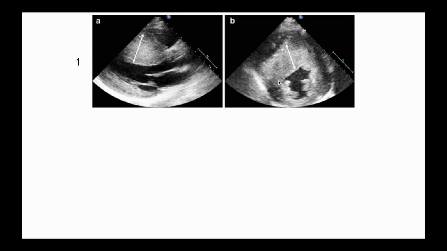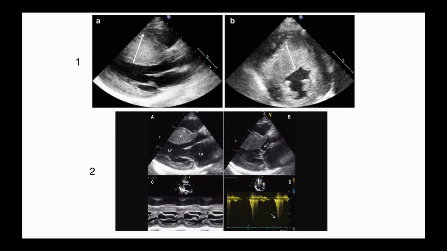Now, when we look at slide B, we can also see that there is obstruction of the left ventricle, and we can see that there is actually massive hypertrophy of the left ventricular wall. Then, looking at the second image, starting from A, this echocardiography was taken from a patient with severe symptomatic obstructive hypertrophic cardiomyopathy.